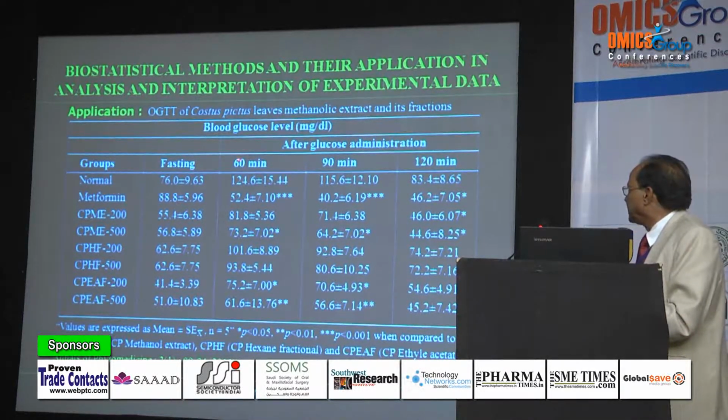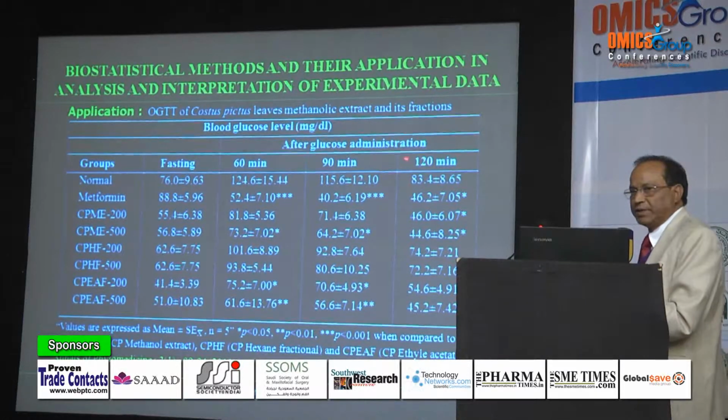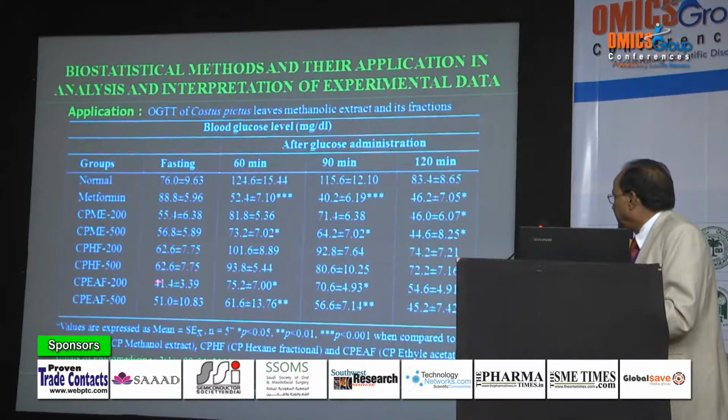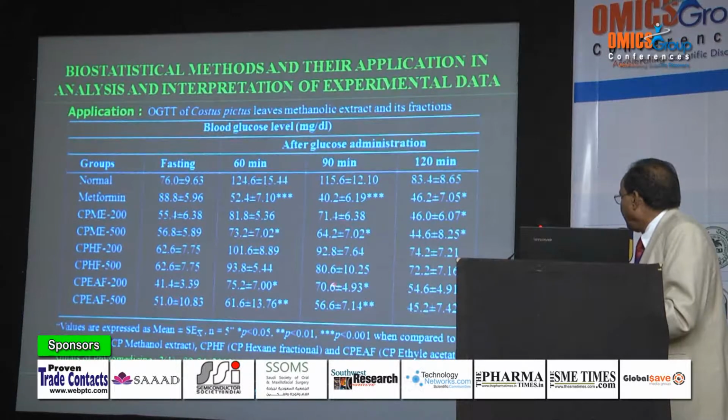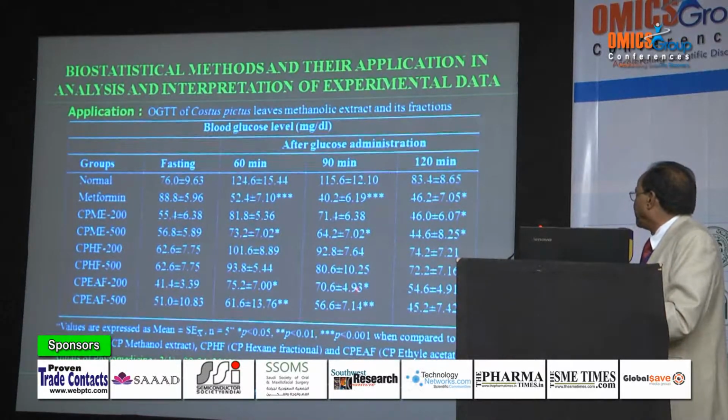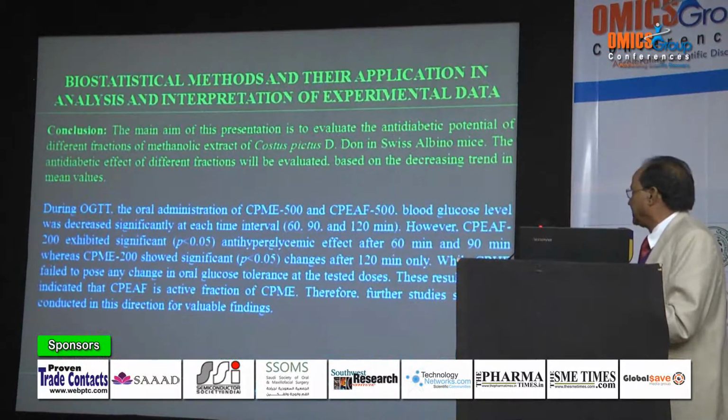When we come to 60 minutes, 90 minutes and 120 minutes, the important part is the last one, 500, where only up to 90 we are getting the reduction at the significant level of 5%.